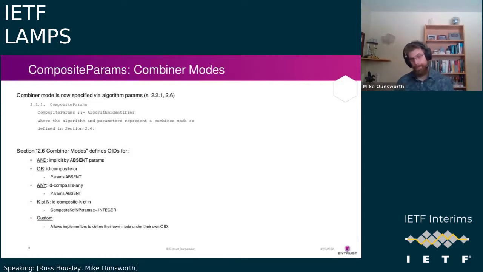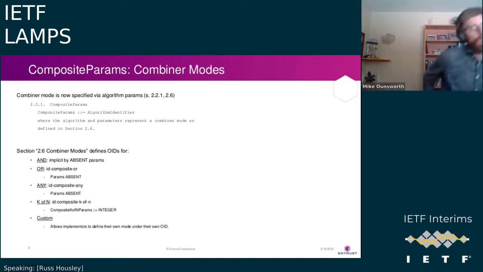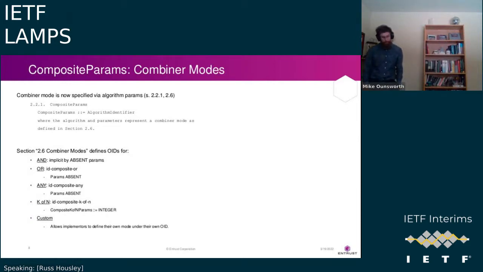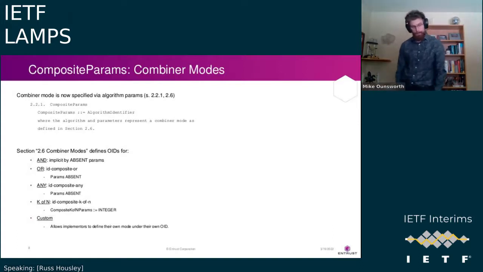Sure. How is custom different than replacing the top level OID? I'm imagining that would be a proprietary policy. Like you might say policy dictated by NSS, for example. Okay, but from an interoperability point of view, if you encounter the top OID as composite and then you encounter this custom OID, you don't know what to do.